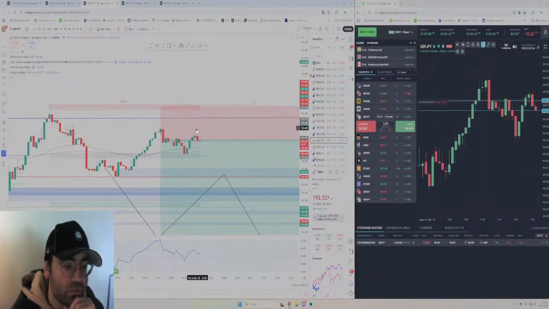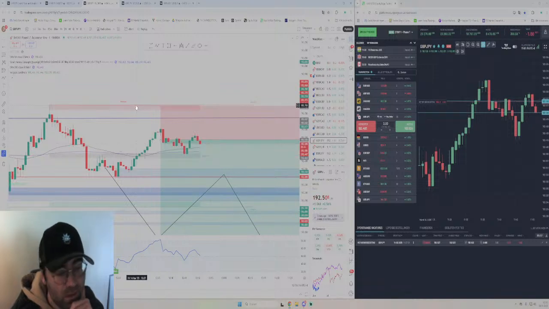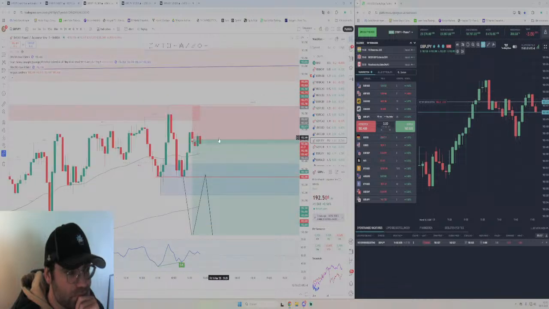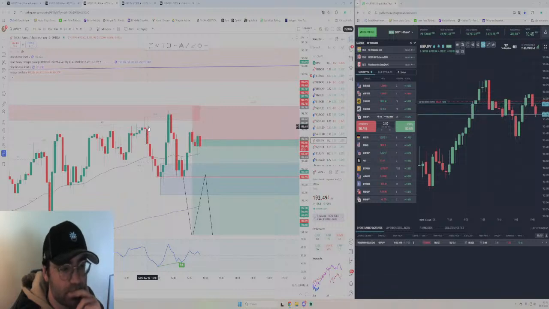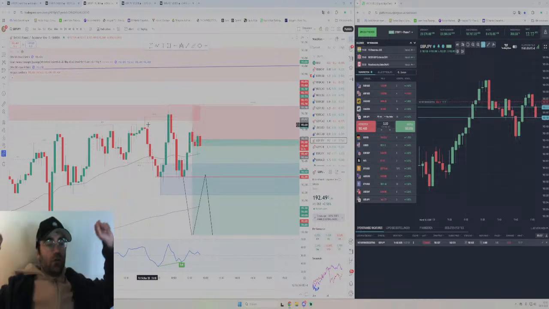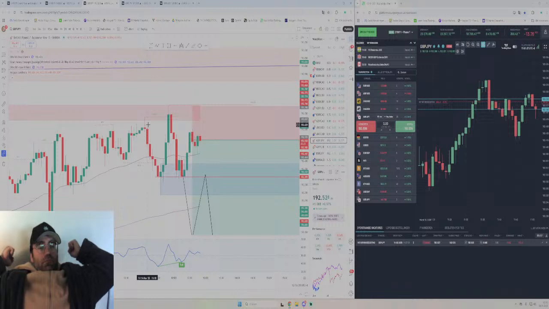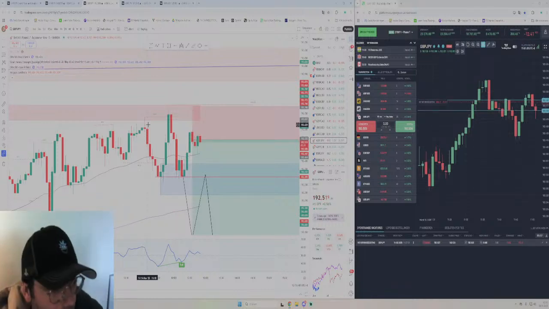I do like this one to go super bearish and close under. That would be great. But not just create a wick. Let's go. Yep.